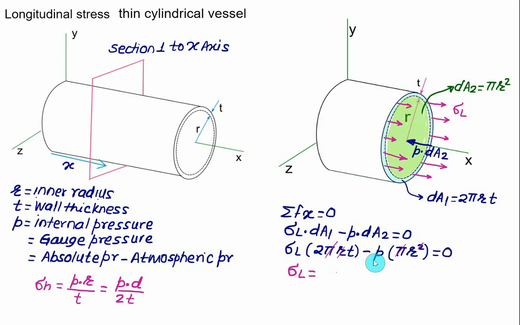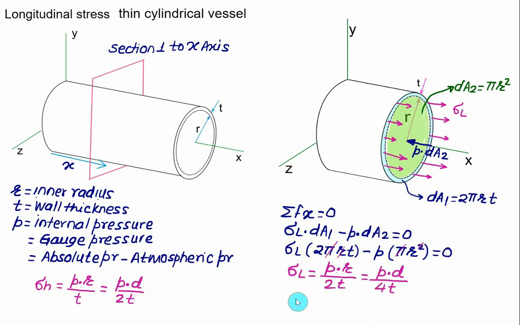Longitudinal stress equals the gauge pressure multiplied by internal radius r divided by 2 times the wall thickness. So this value is half of the hoop stress, or in terms of the diameter, the longitudinal stress equals pressure multiplied by internal diameter d divided by 4 times the wall thickness.